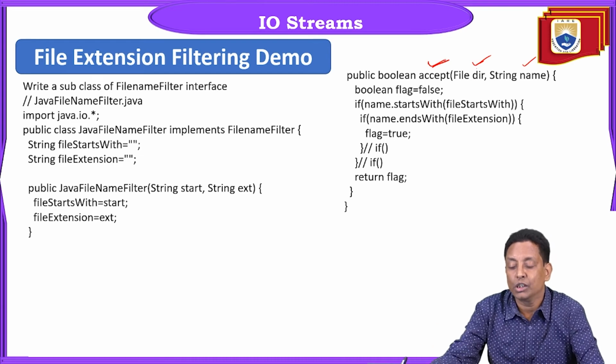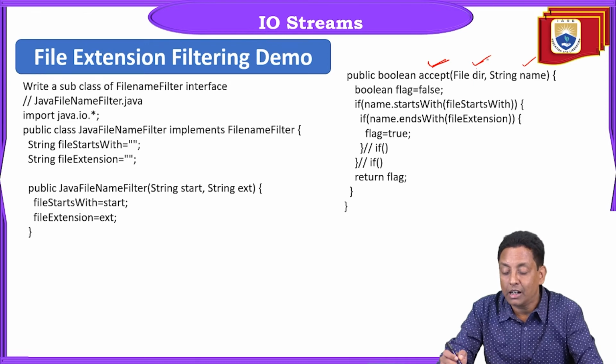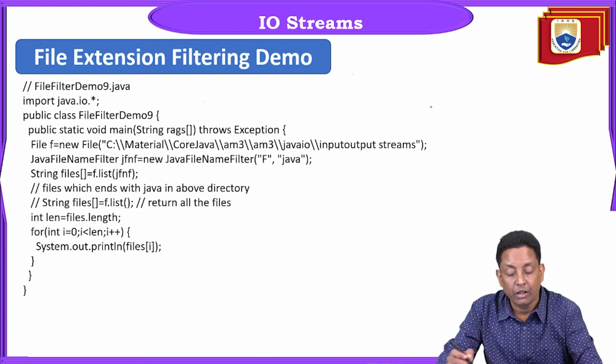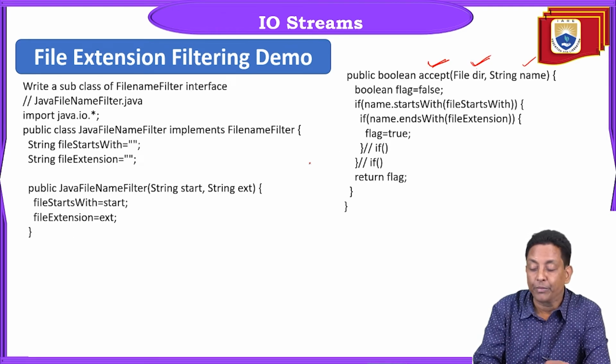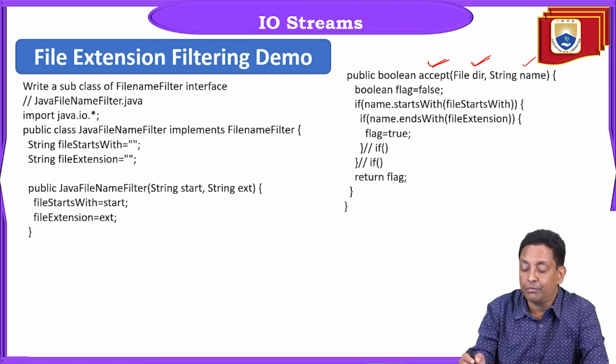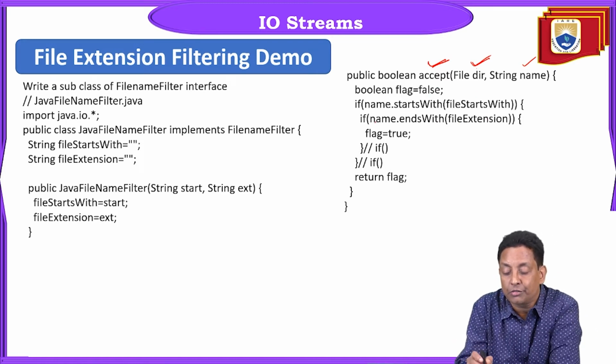So in this accept method, it will pass the directory name and the string name as arguments here, for the Java file name filter class object with F and Java. So here, with the name, we are checking the conditions. What conditions are we checking? If the boolean value is equal to false.